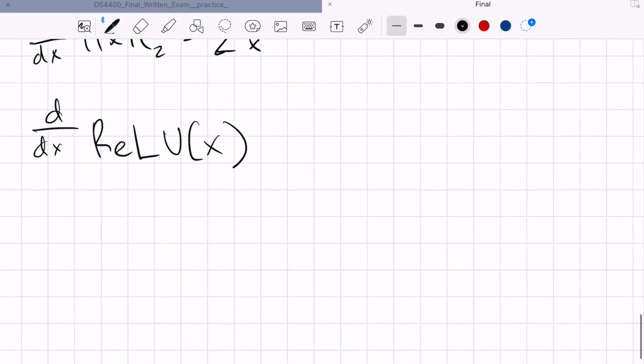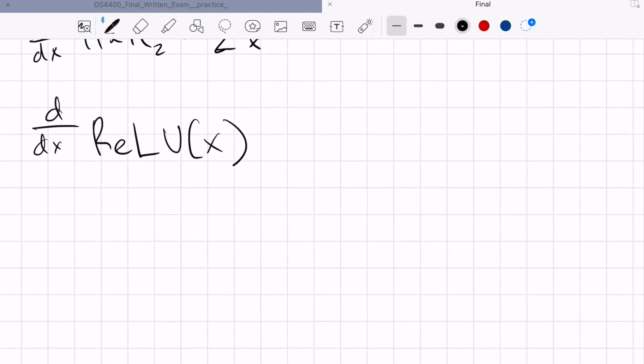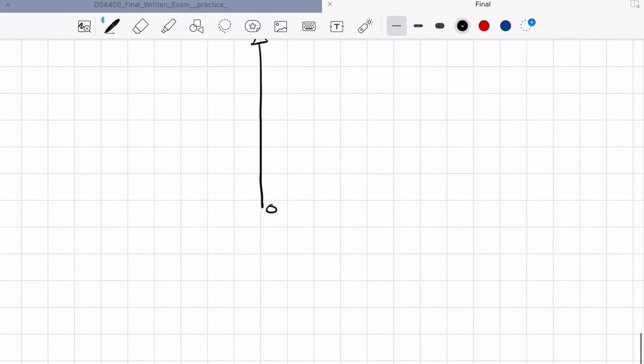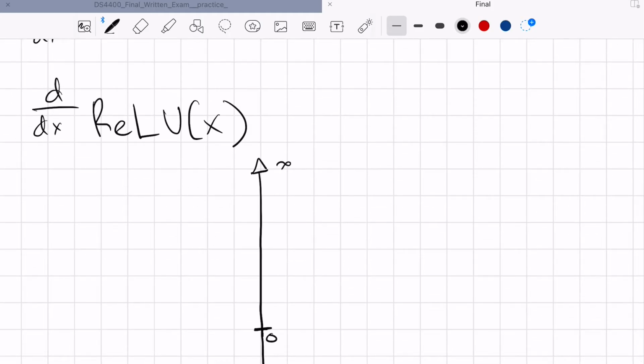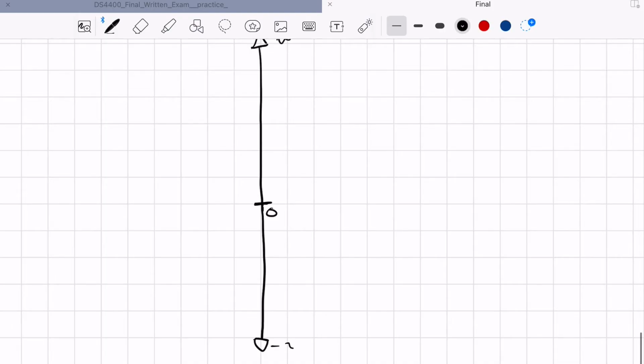If you remember what the ReLU function looks like, I'm just going to draw the x-axis. So this is x, this is 0, this is infinity, and this is negative infinity.